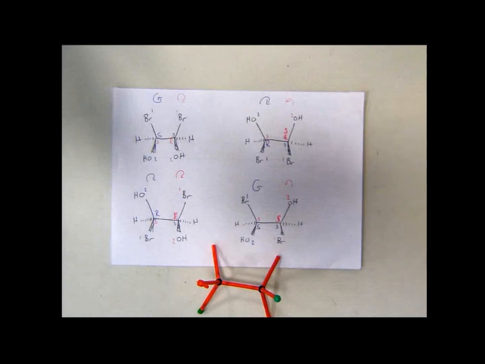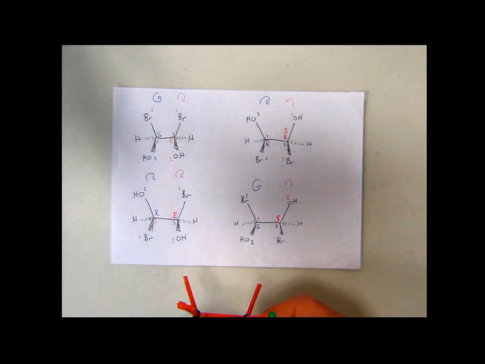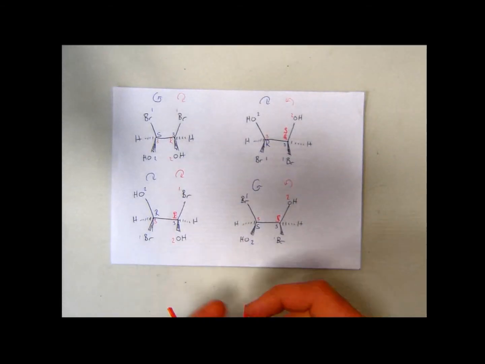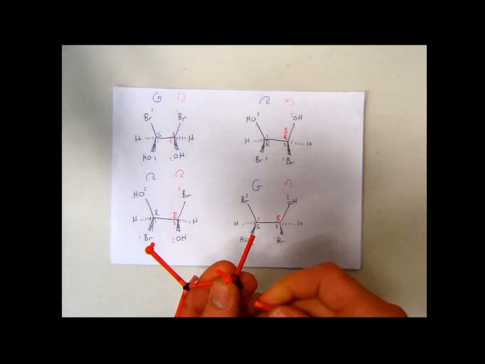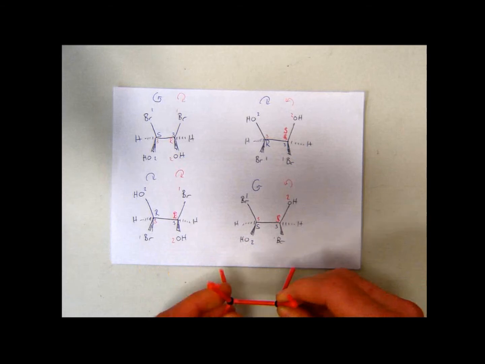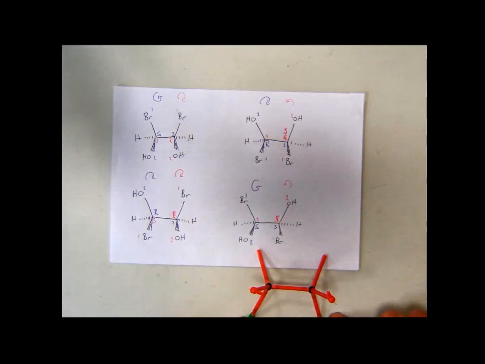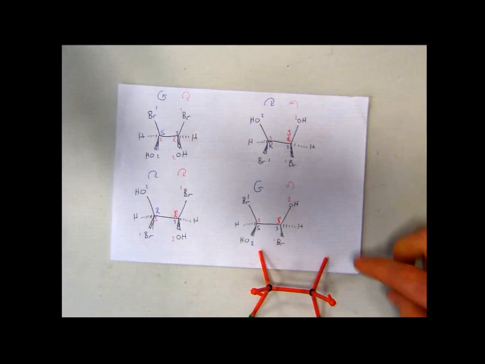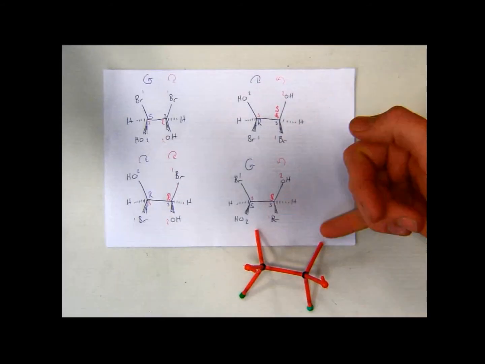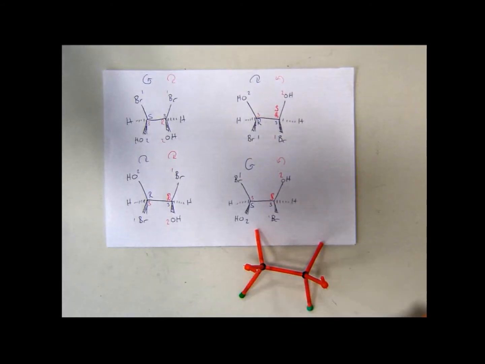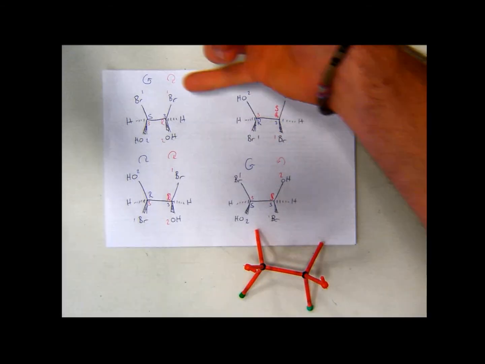However, if we look at this molecule, if we change the stereocentre on the right, we can see 2 bromines at the front, 2 hydrogens at the back, and the 2 hydroxy groups on the top.